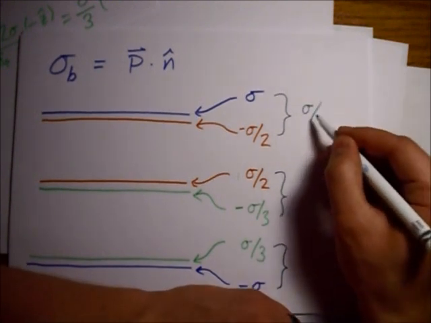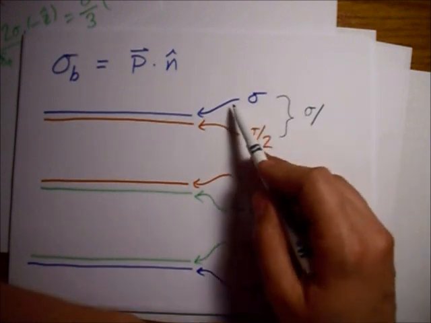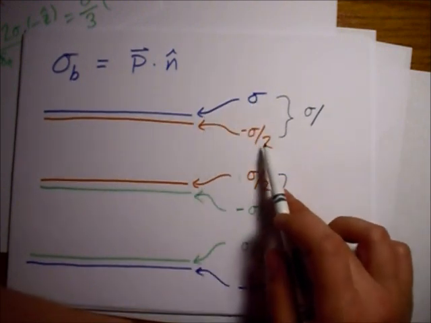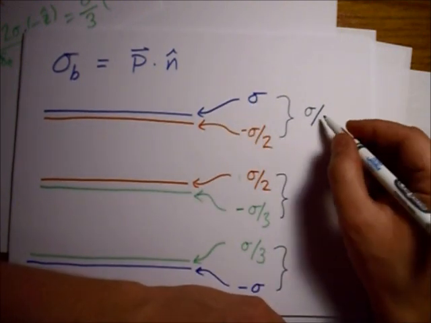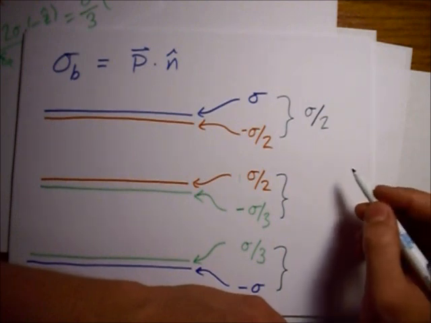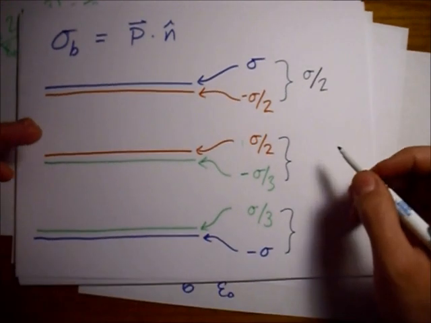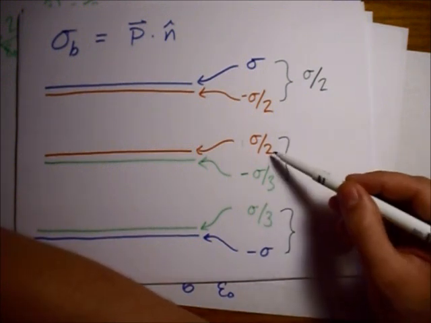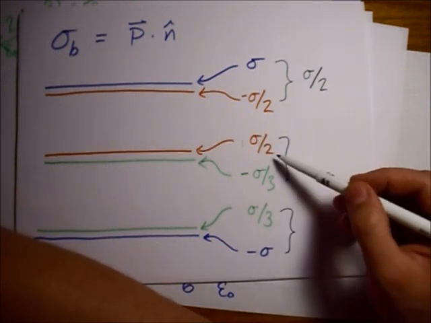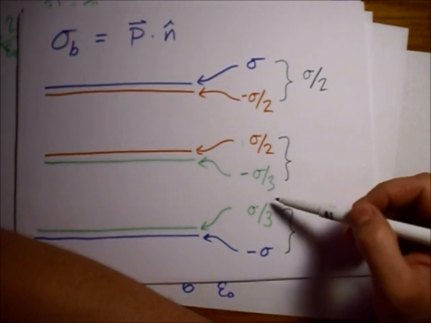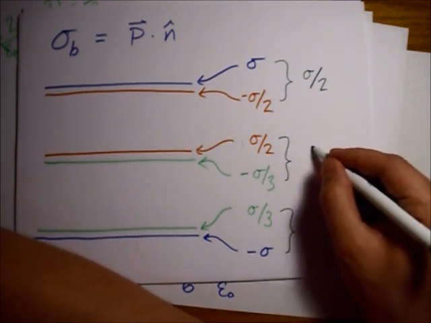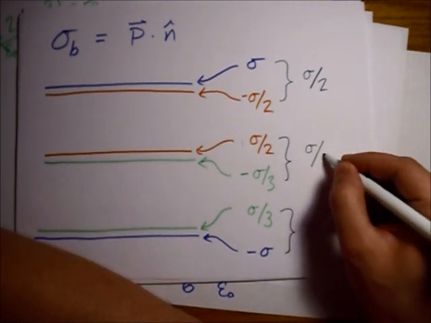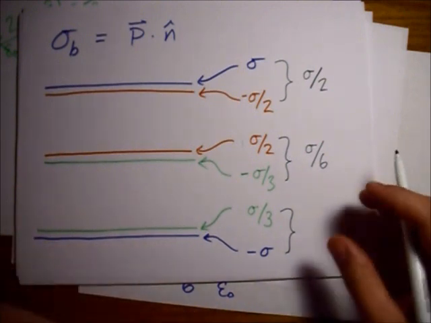So the total net charge, whether it's free charge or bound charge, is just sigma over 2, surface charge density. For this case, what would this be? This would be 3/6 minus 2/6, so just 1/6, and that's positive, sigma over 6.